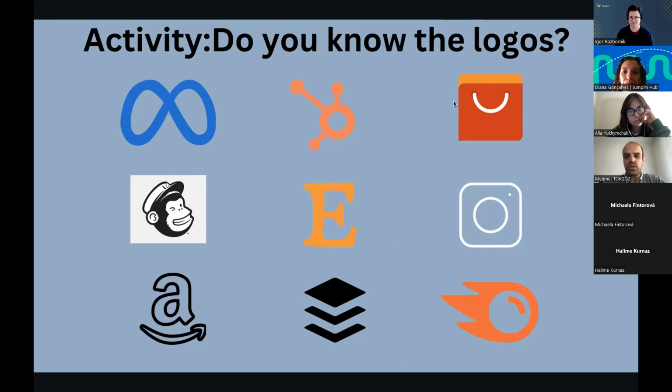The one on the top middle, left middle, and down middle and right. So most of us know Amazon, AliExpress, Meta, Instagram, of course, and we don't know some tools that are related to digital marketing.